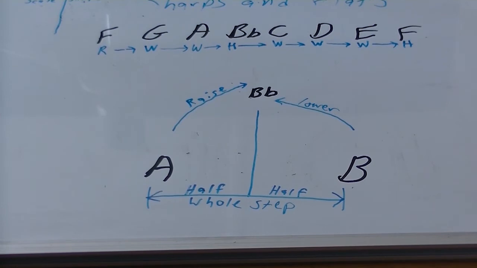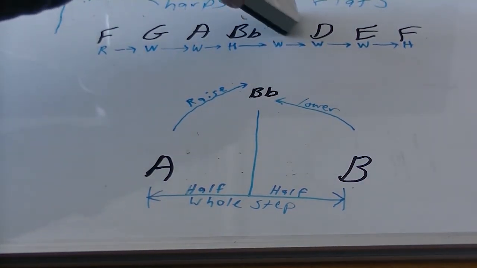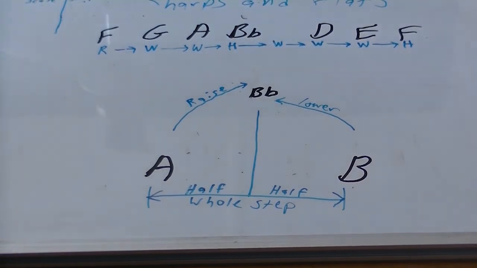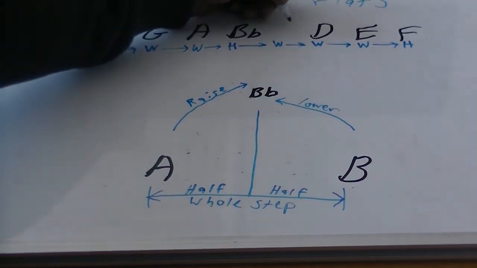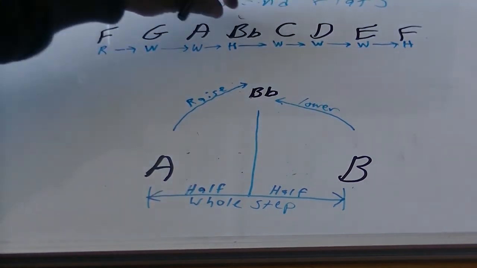So now we have a major scale containing a flat note. And it's important to understand why we need to call that note B flat and why we're not calling it A sharp.